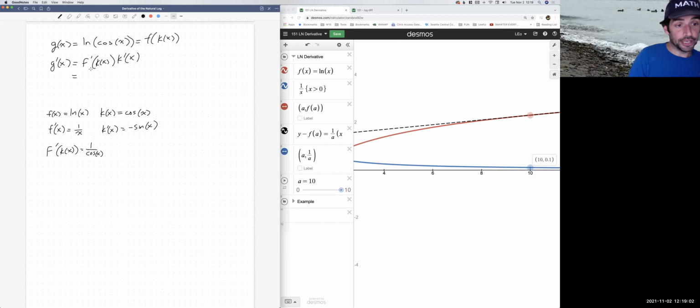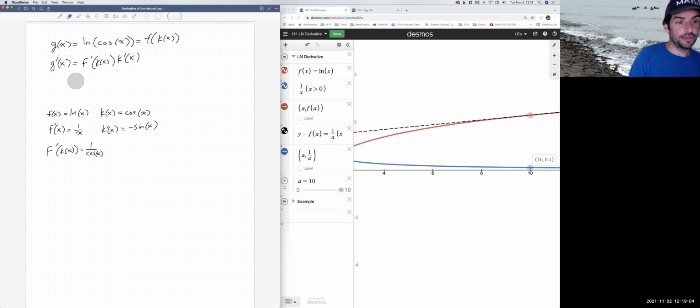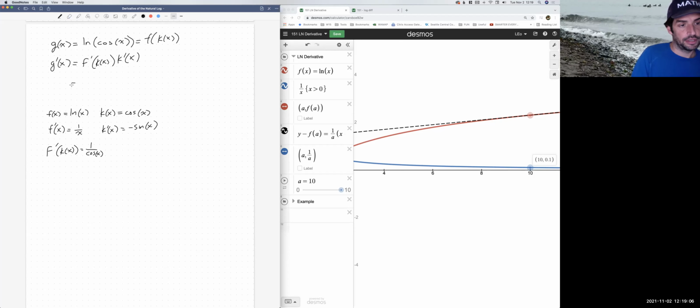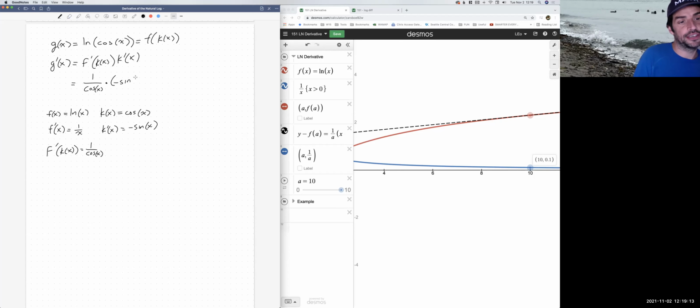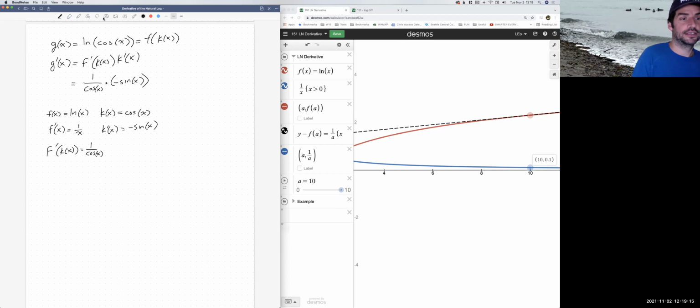All right, so now putting all the pieces in place, f prime of k of x is 1 over cosine of x times k prime, which is negative sine of x.